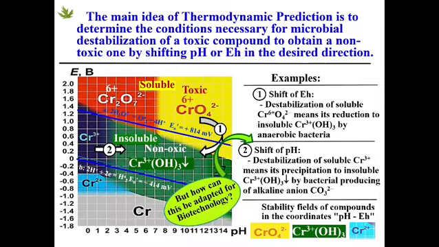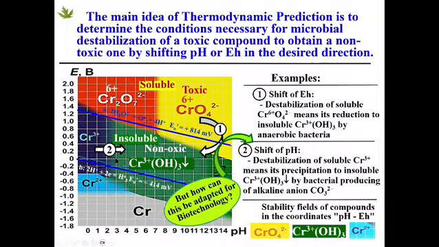What does thermodynamic prediction mean, and what is its main idea? It is to determine the conditions necessary for microbial destabilization of a toxic compound to obtain a non-toxic one by shifting pH or redox potential Eh in the desired direction. In this picture, one can see the zones of thermodynamic stability of soluble compounds of chromium-6 in the coordinates of pH and redox potential.